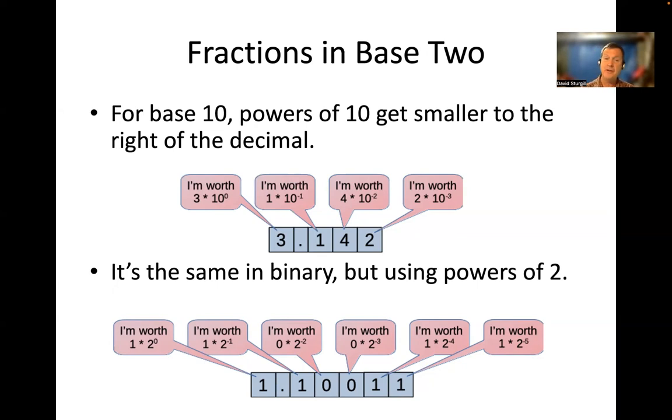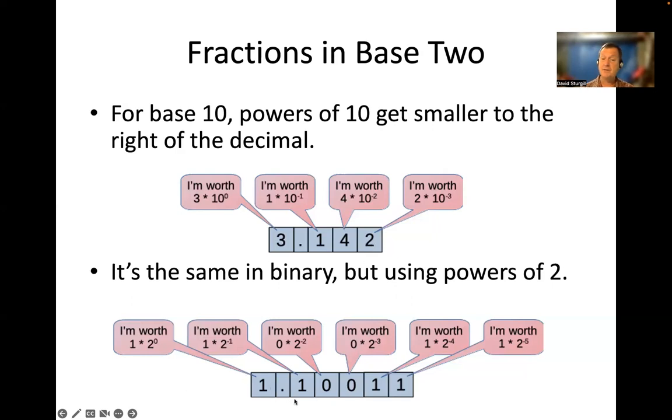And we haven't used it yet, but if you go to the right of the decimal place, you get the same behavior with larger negative powers of your base. So in a base 10 number, if this 3 is the ones place, this next digit to the right of the decimal is the 1/10ths place, and then the 100ths, that's 10 to the -2, the 1,000ths place, that's 10 to the -3. Binary uses the same trick.